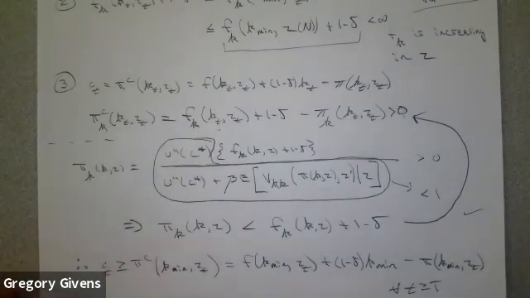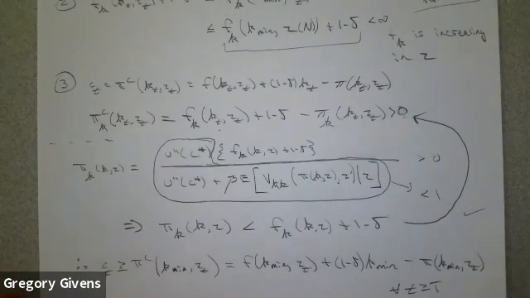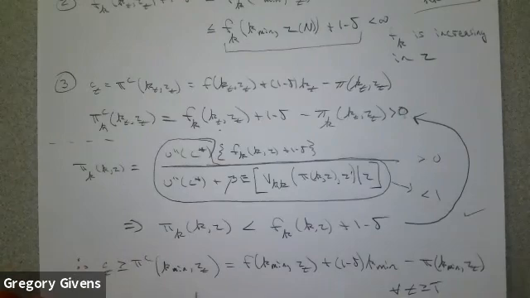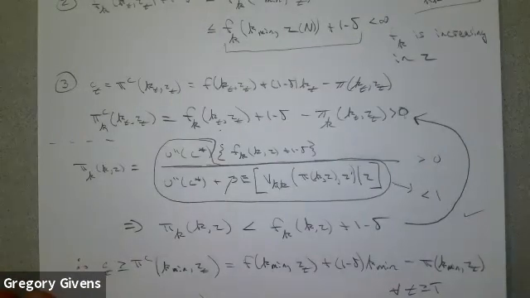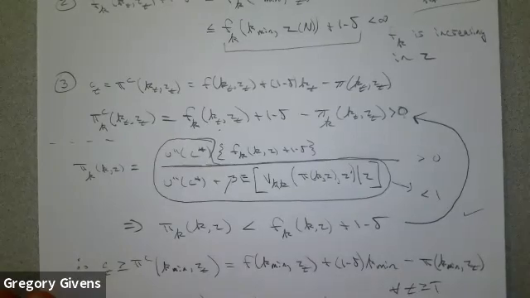Well, that implies then that C_T must be bigger than or equal to F of k min, z1, plus 1 minus delta k min, minus pi of k min, z1.